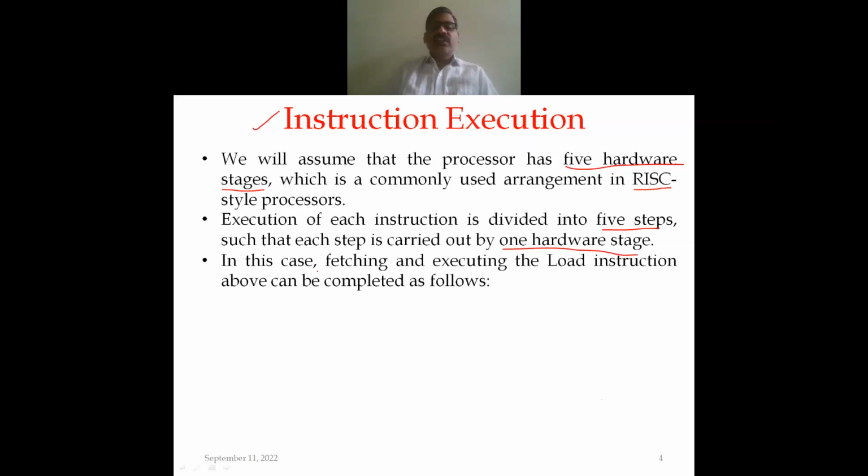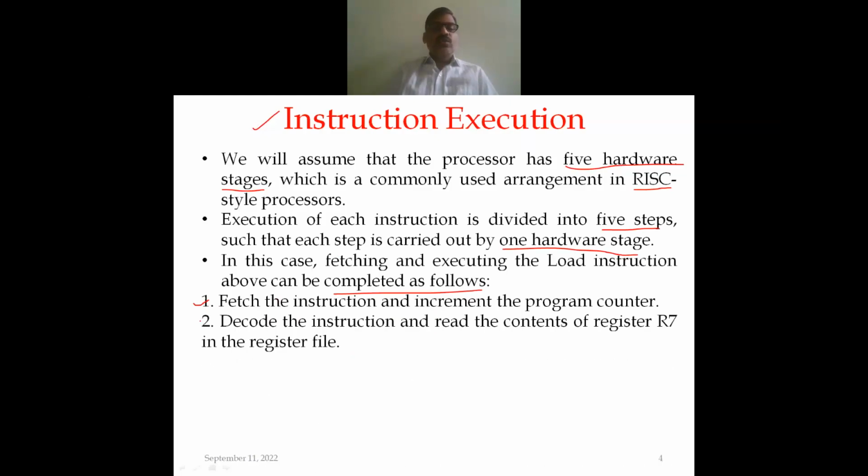In the previous example, the load instruction, fetching and executing can be completed as follows. First, we fetch the instruction and increment the program counter. Second, we decode the instruction and read the contents of register R7 in the register file.